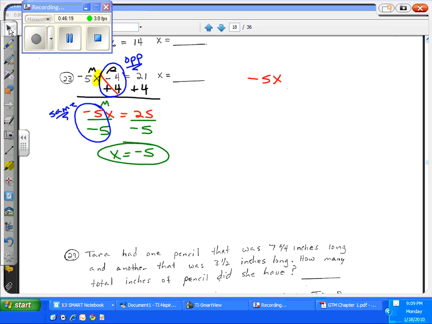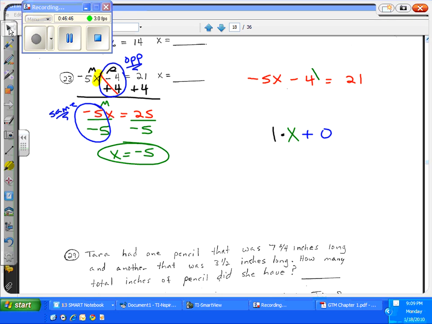Well, that's not really true totally, that we're going to get the junk off, because if we have an x that's all by itself, by additive identity, we know that there's an understood plus 0, and by multiplicative identity, we know that there's times 1.